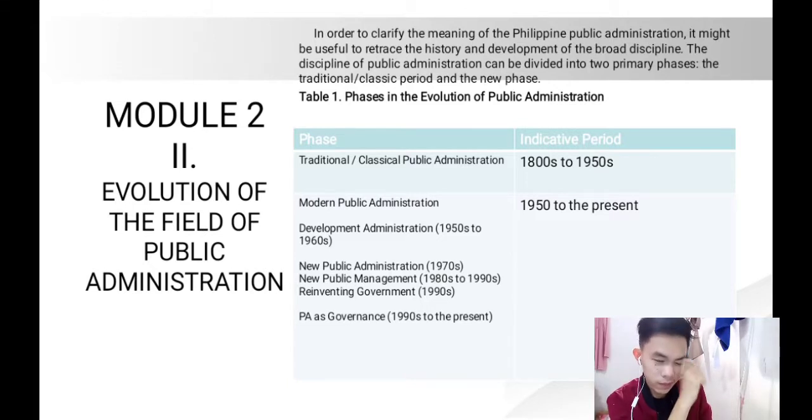So now in this slide we have this table. You can see the phases of the evolution of public administration. Phase 1, we have the traditional or classical public administration, in the 1800s to 1950s, and the modern public administration from the 1950s to the present.